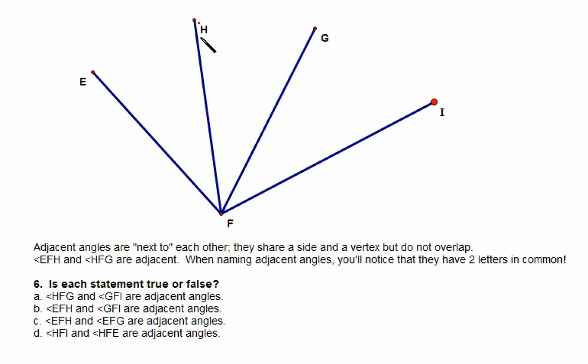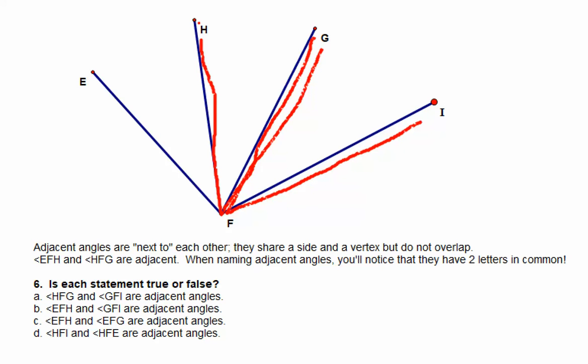So start at HFG, and my second angle is GFI. Are those adjacent angles? Finish the rest of 6 on your own, and then when you're ready, come back to the video.